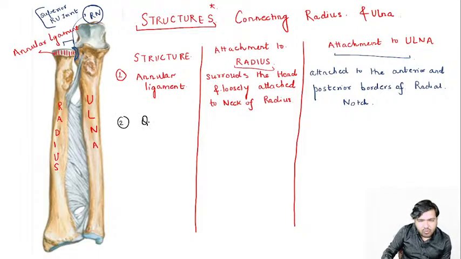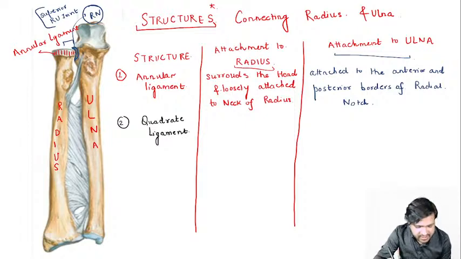Second structure, write down the second structure. It is the quadrate ligament. And remember, this is the neck of the radius, and the quadrate ligament is basically attached to the medial side of the neck of the radius.